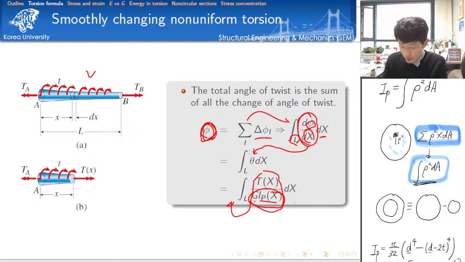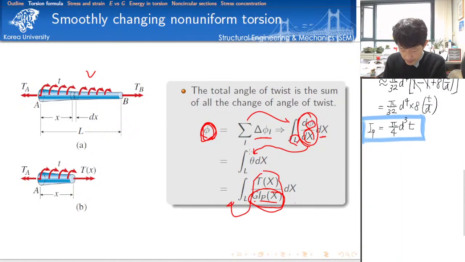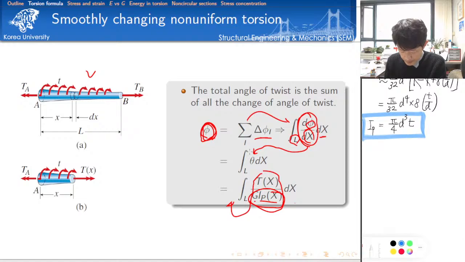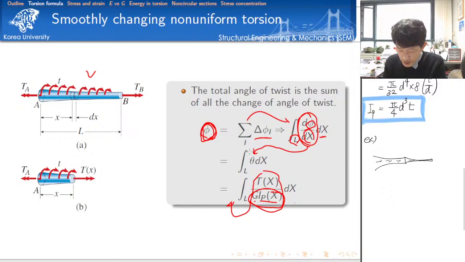Now let's consider an example. As an example, let's consider this problem. It is subject to some torsional moments. In this case, the characteristics of the cross sections change.